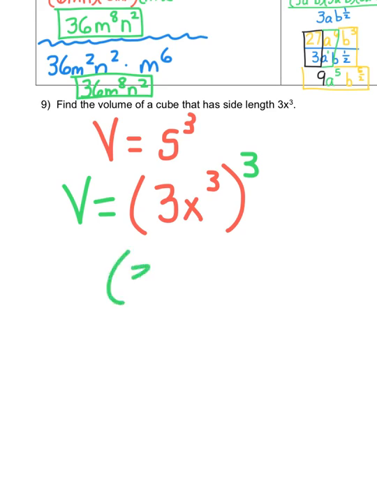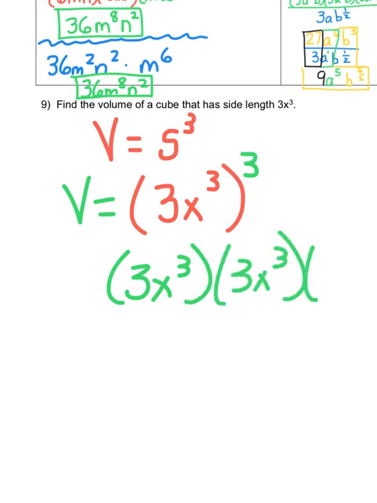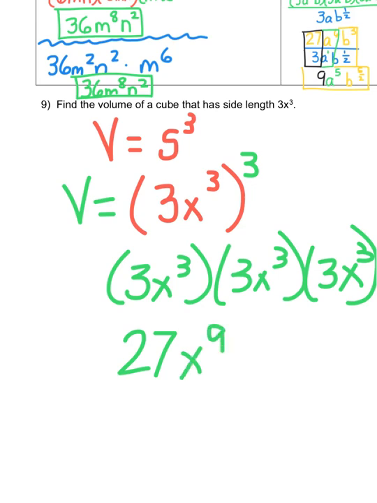If you choose to stamp it out, take the time to do that now. If not, then you would do 3 to the third power. That would be 27. And it would be x to the 9th power. Remember that we're dealing with volume, so the units would be cubed on this.